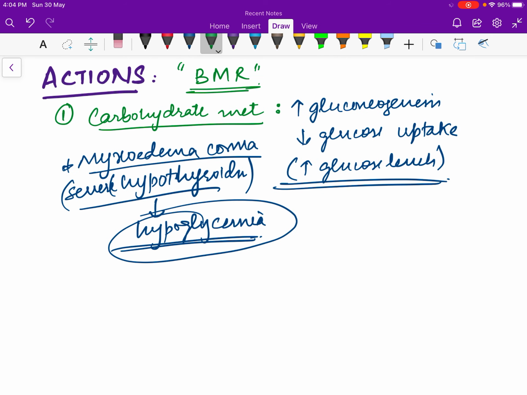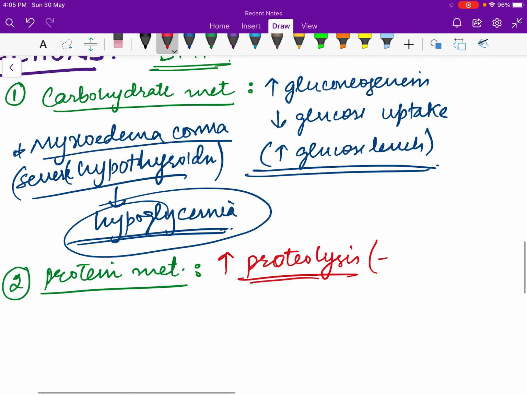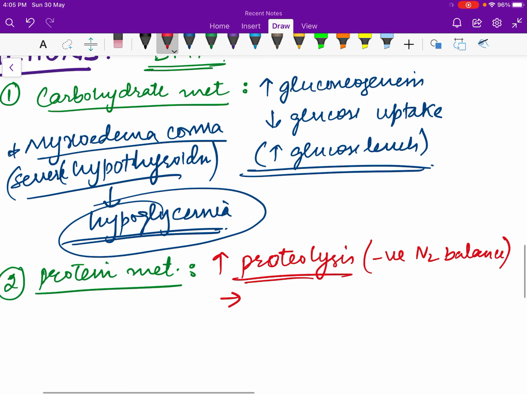Now another important action is on protein metabolism. Thyroid hormones increase basal metabolic rate. It means they'll cause more proteolysis. When more proteins are broken down, there will be negative nitrogen balance. Proteins are broken down in muscles, so if there are more thyroid hormones, more protein will be broken in muscles, which can result in myopathy.